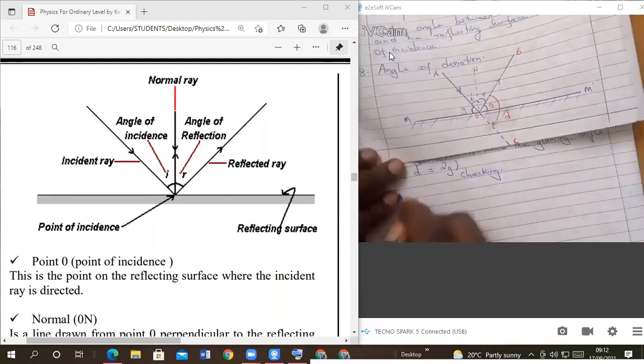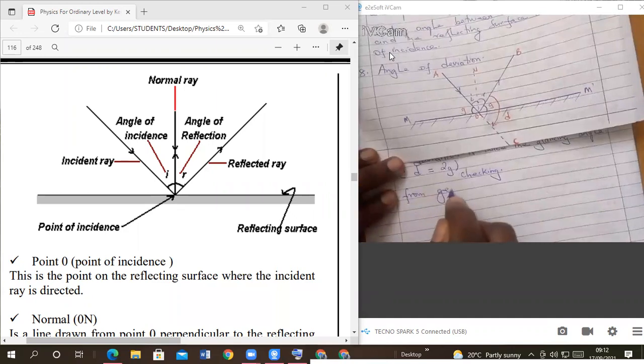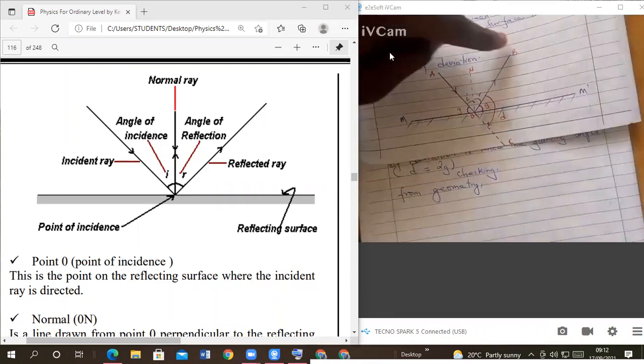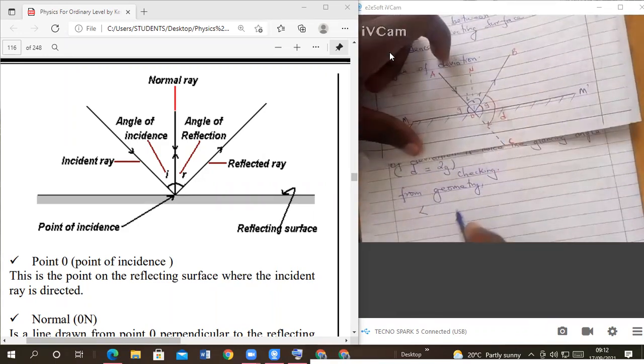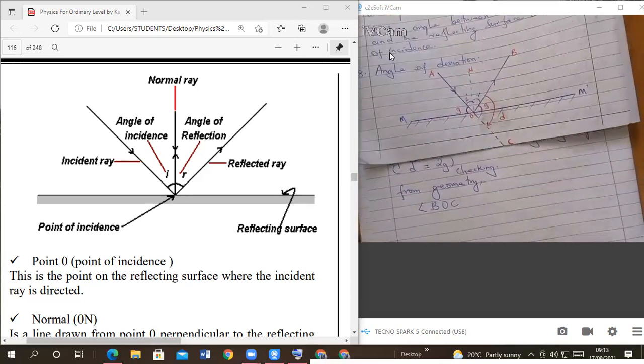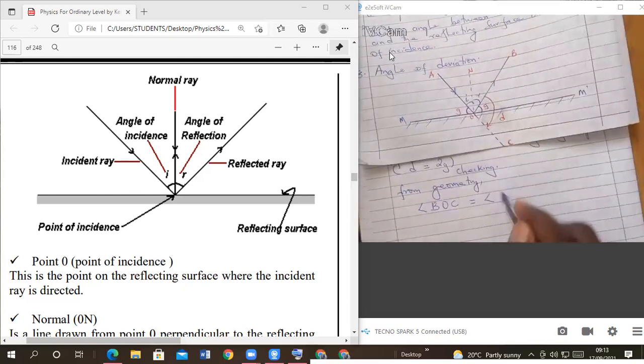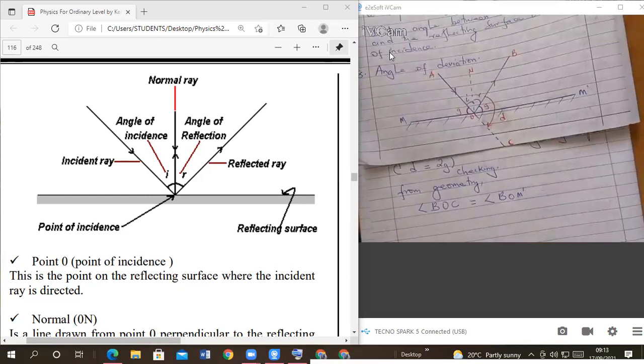So from our geometry, we can see clearly the glancing angle, which is angle BOC, is the same as angle BOM prime plus angle M prime OC.